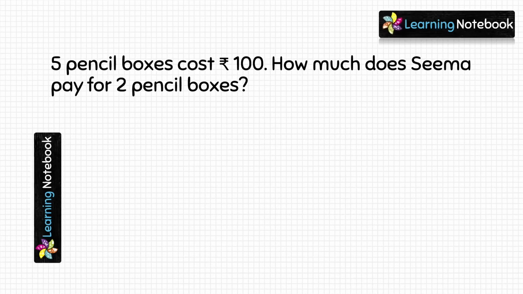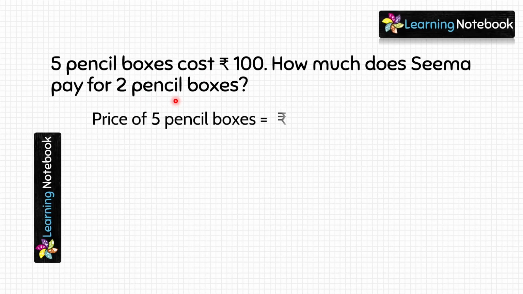How much does Seema pay for 2 pencil boxes? So here students, in this question, we are given the cost of 5 pencil boxes, and we have to find the cost of 2 pencil boxes. So let's see how to solve this question using unitary method.